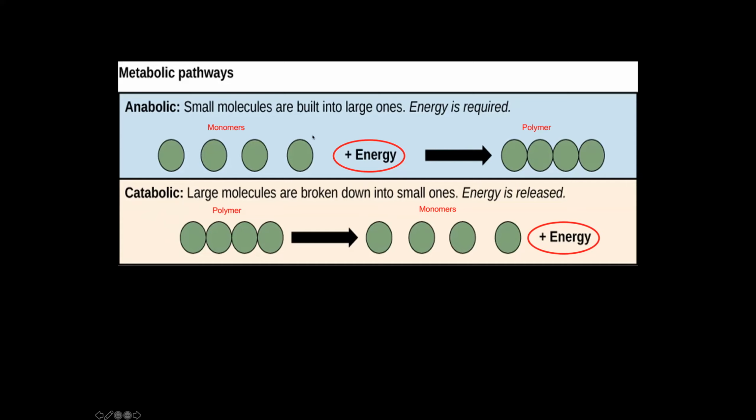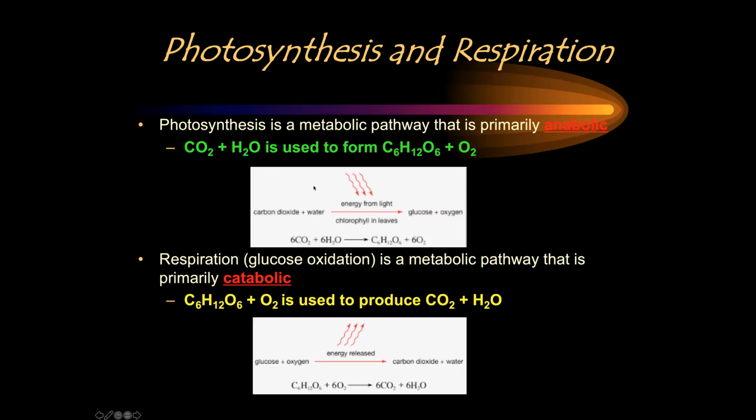So if you think about this in terms of overall processes, photosynthesis is anabolic. It takes energy, makes small molecules into large ones. Respiration is catabolic. When we eat food, we eat largely polymers. They're broken down into monomers, and as they are, energy is released, and that's what makes us go every day. And that's illustrated here.